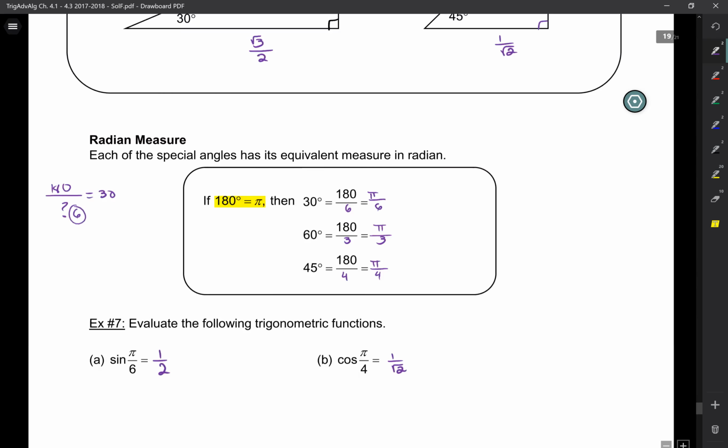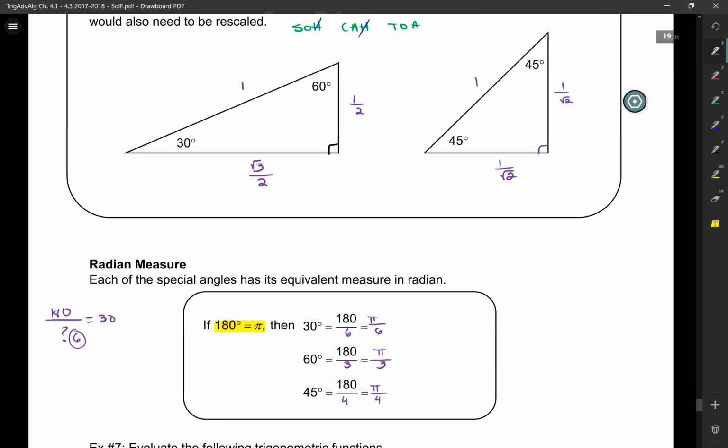So cotangent of pi/6 then. Pi/6 is which angle? 30. Cotangent is adjacent over opposite, right? √3/2 divided by 1/2.